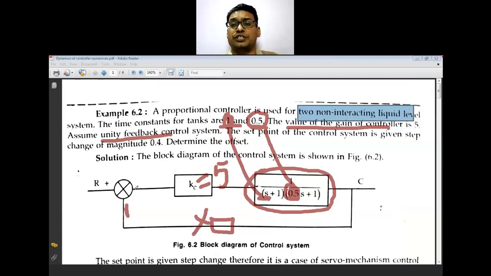So feedback is there, but it is unity feedback. So the set point of the control system is given a step change of magnitude 0.4. A step change of magnitude 0.4 is given, and determine the offset in this case.